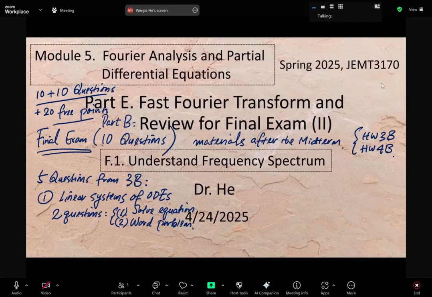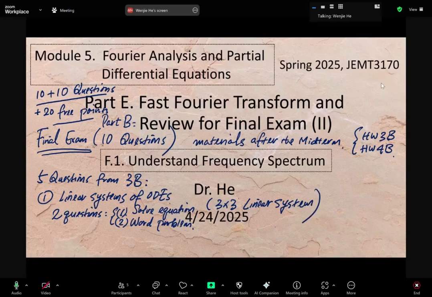For the equation question, I may give you a 3 by 3 linear system, not 2 by 2.